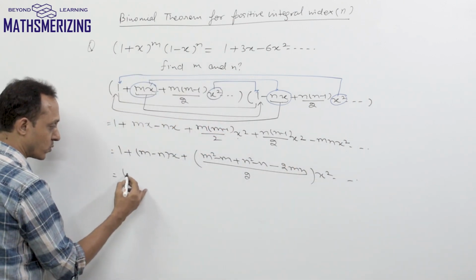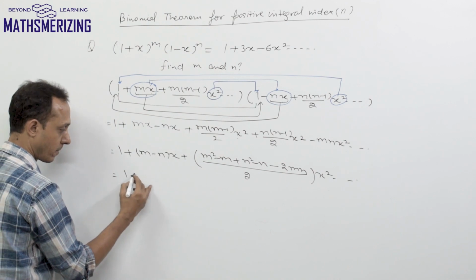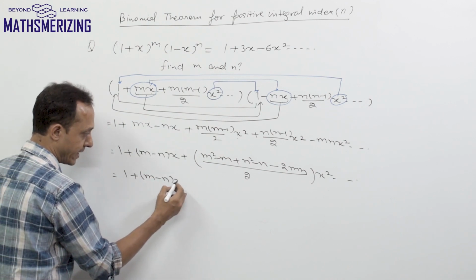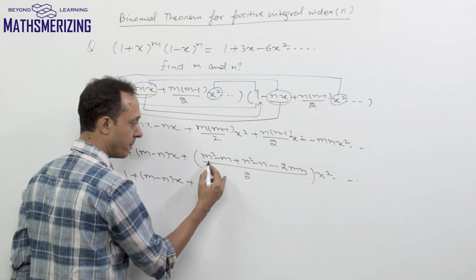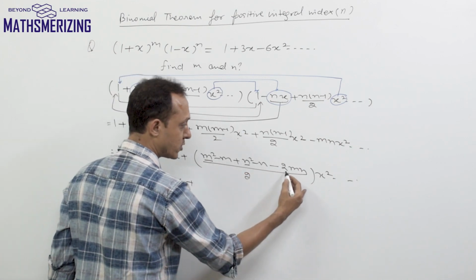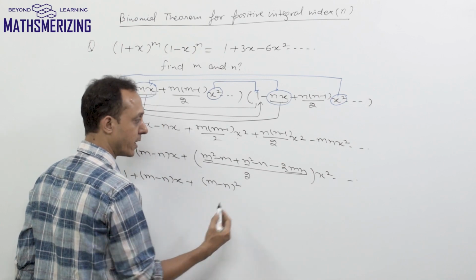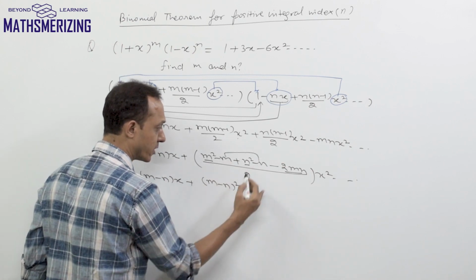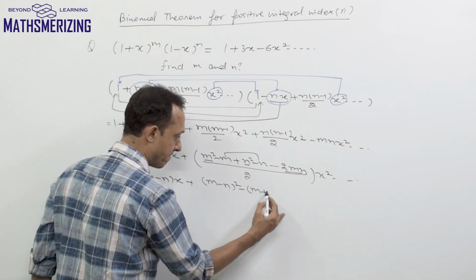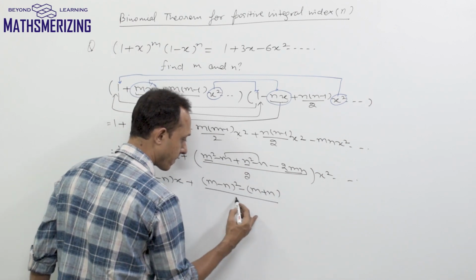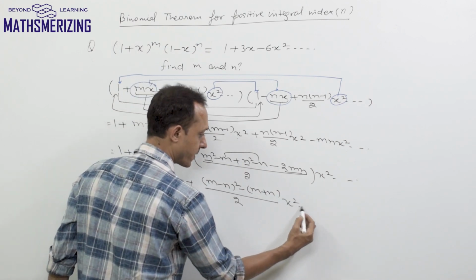So I'll simply write it as 1 plus (m minus n) into x, and here will be m square plus n square minus 2mn, so it will be (m minus n) whole square, and then minus, taking these two terms together, minus (m plus n) upon 2 into x square.